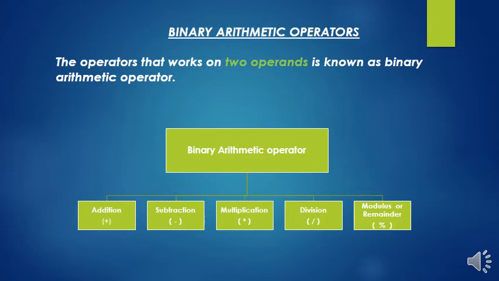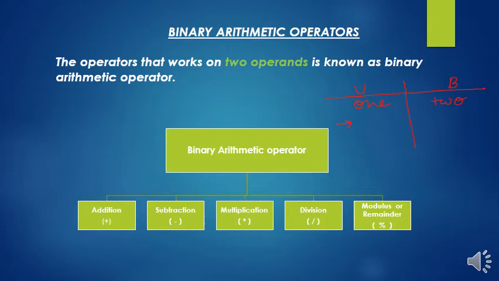Arithmetic operator is again divided into two parts. First one is known as a unary operator and second one is known as a binary operator. An operator that works on only one operand is known as a unary operator, and an operator that works on two operands is known as a binary operator.